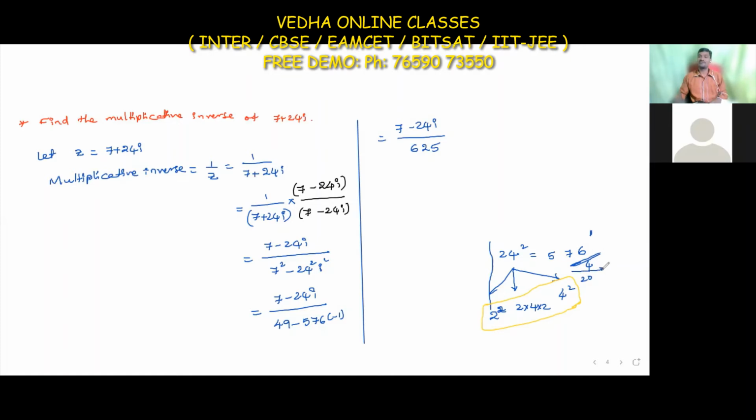Making round figures by adding 4 to make it 580, and then adding 20 makes it 600. Now how much is extra? We are adding 49. In 49 we already took out 24. How much more is there?